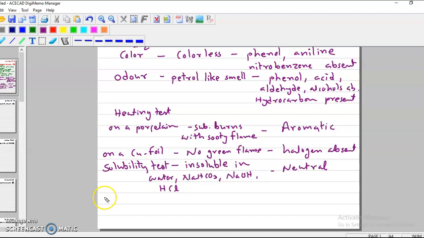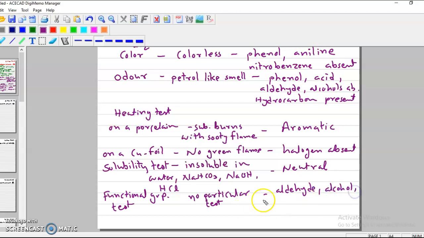Then we go ahead with the functional group test. From this test we come to know that no particular group is present. No particular test is positive, and therefore aldehyde, alcohol, ketone, etc. are absent.